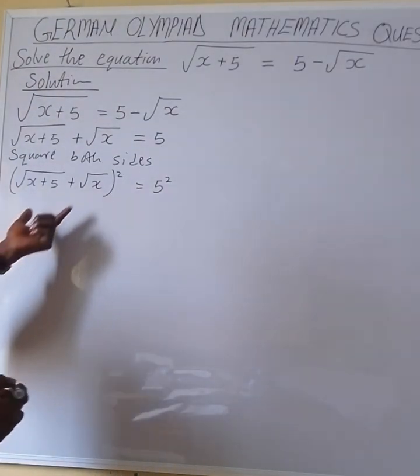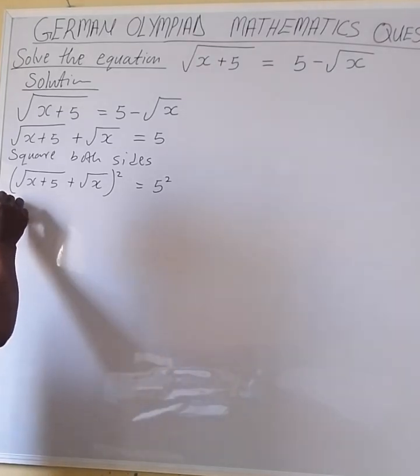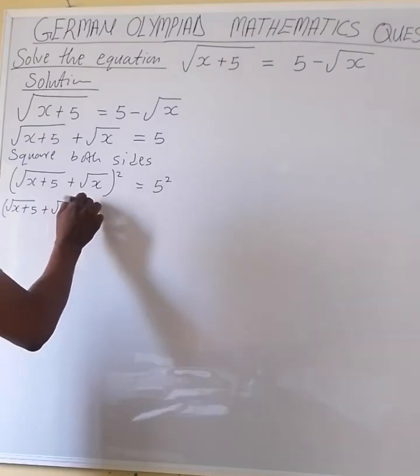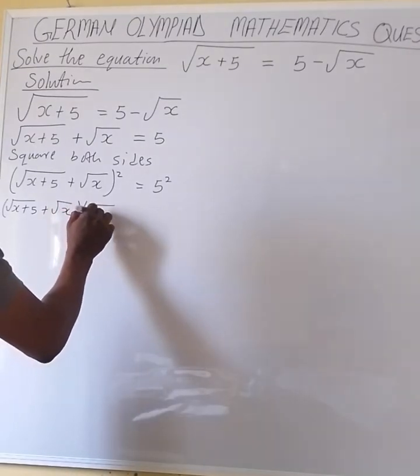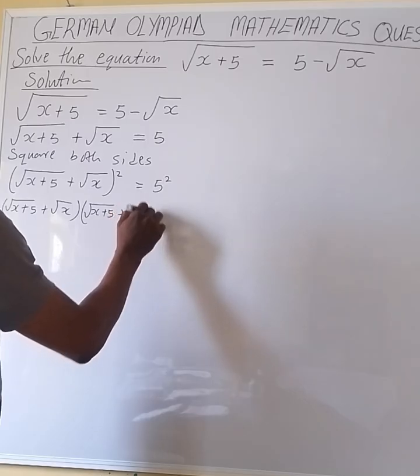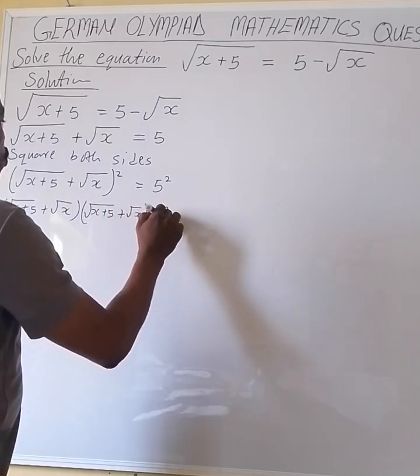So when you square this one, it will give us square root of x plus 5 plus square root of x, into square root of x plus 5 plus square root of x, equals 25.